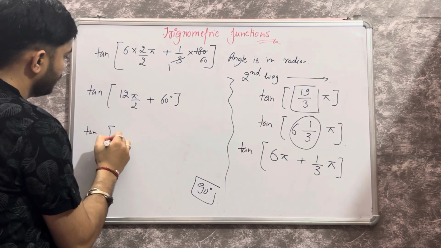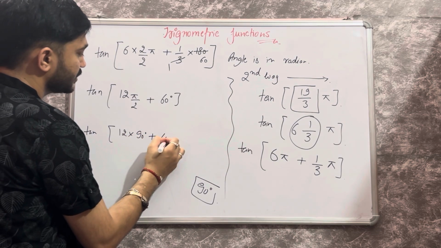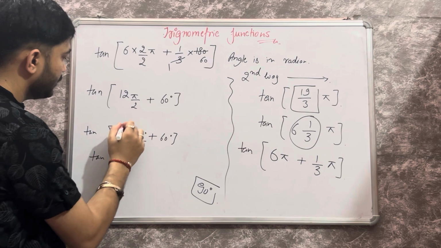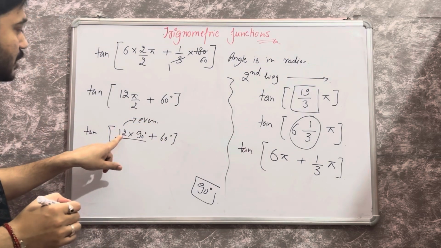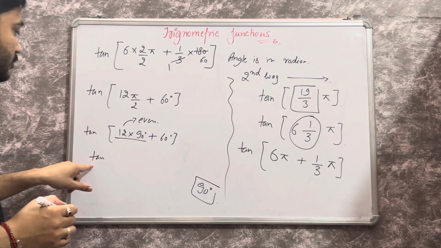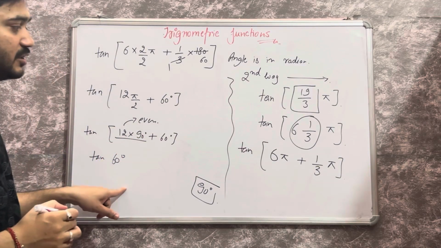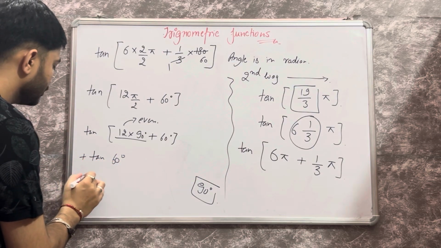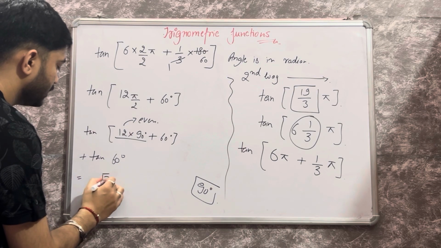So tan 12 pi by 2 plus 60 degrees, that is 12 into 90 plus 60 degrees. The trigonometric function remains the same because 12 is an even number. So tan remains the same and 60 comes here. We have already looked at whether it is positive or negative. It is positive, so the answer will be plus tan 60, that is root 3. Any doubts?